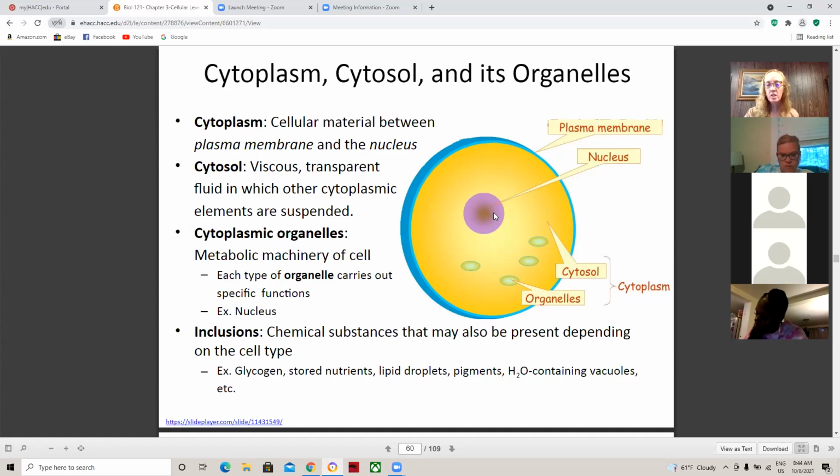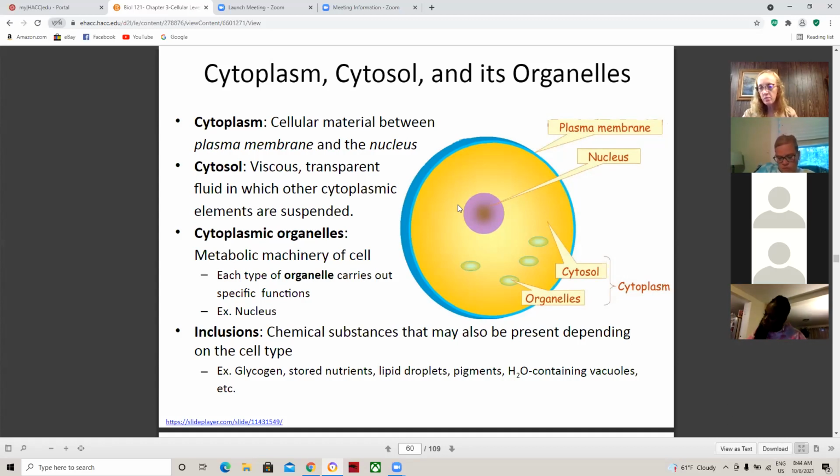Cytosol is a viscous gel-like transparent fluid in which other cytoplasmic elements are suspended. Organelles are the metabolic machinery of cells that are found in the cytoplasm.